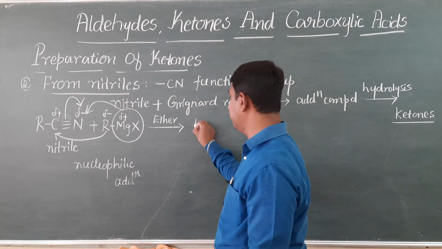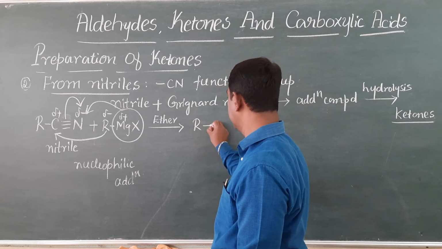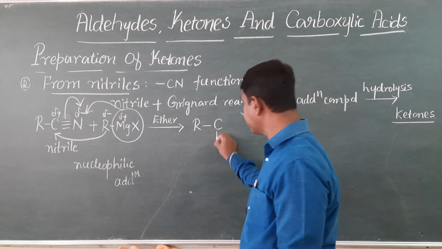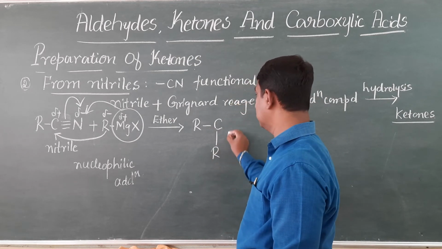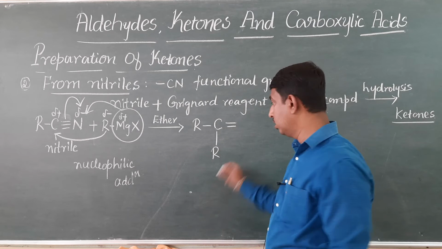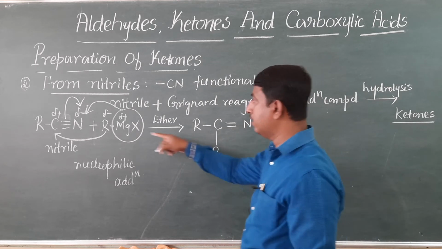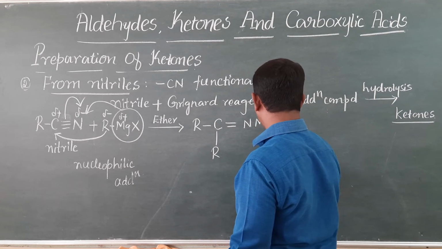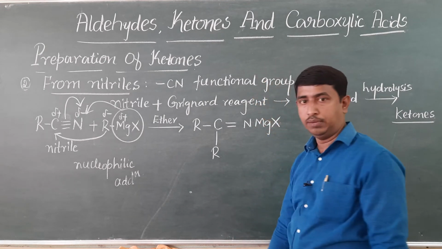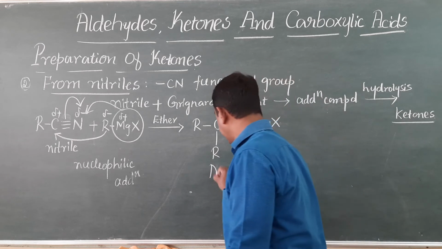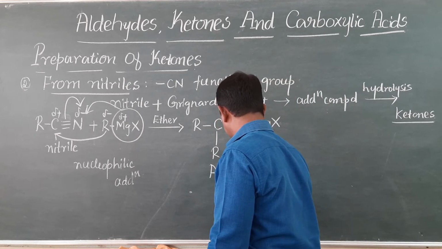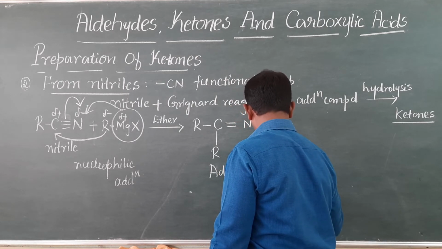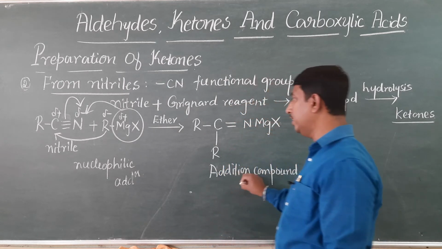So the product formed is R, C, with the carbon nucleophile R attached, double bond, N minus, and this N minus accepts the positive part, MgX. This is the addition compound.